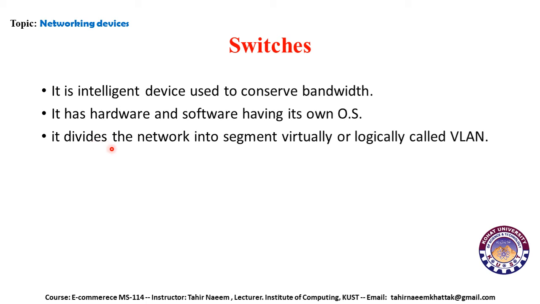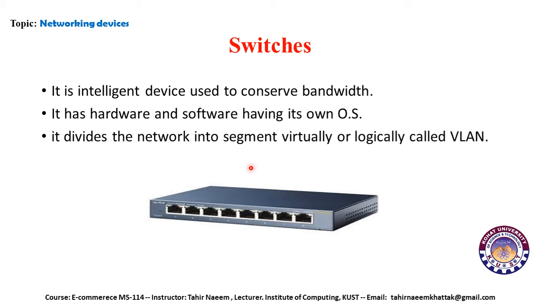The bridge divides the network into physical segments, while the switch divides the network into virtual or logical segments called VLANs, or virtual local area networks. Here is a typical picture of a VLAN, where we can create groups, such as accounting groups or marketing groups in a company, or any other groups.